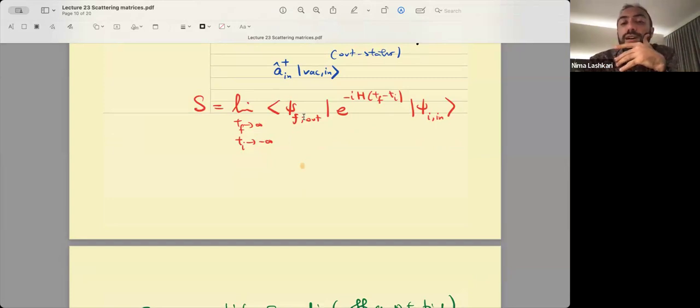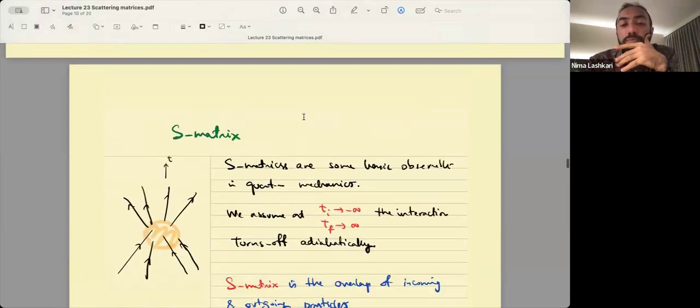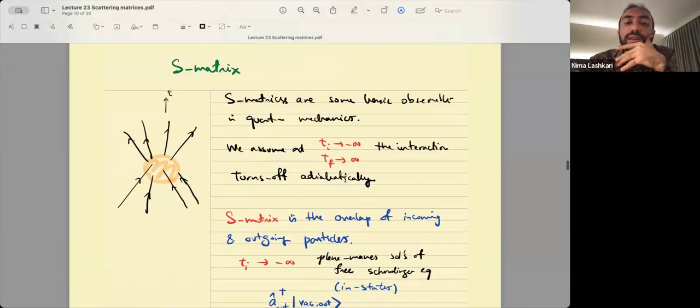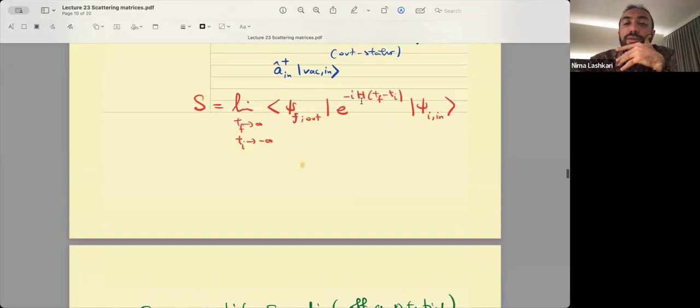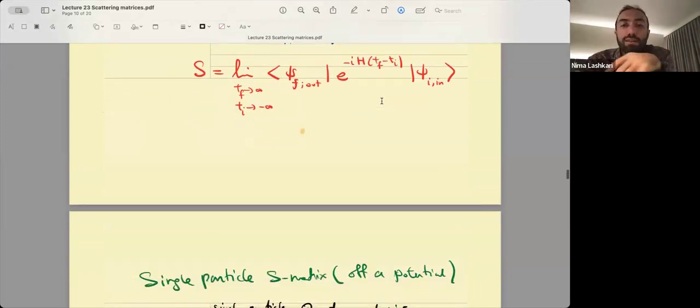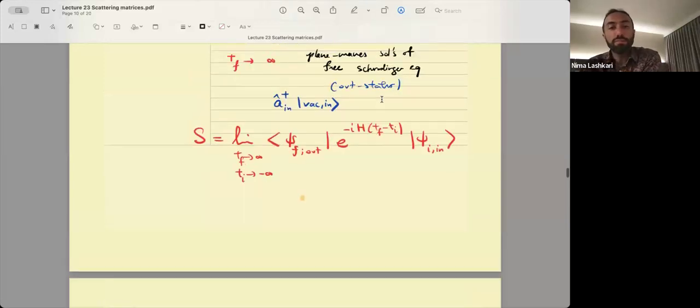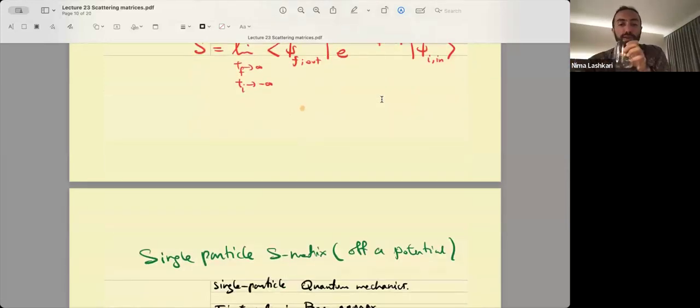Of course, you always have to do this by adiabatically turning off the Hamiltonian, or, as we saw, one way to make sense of it is by giving t a small imaginary part, i epsilon, so that the path integral converges and the Fourier transform is just fine. Good. So this is what the S matrix is.